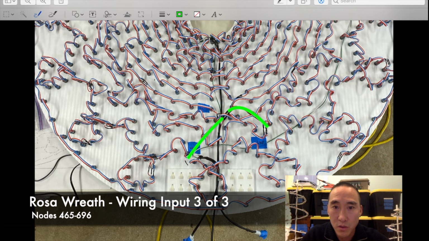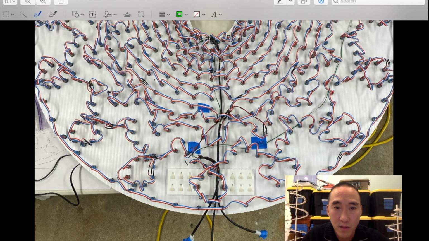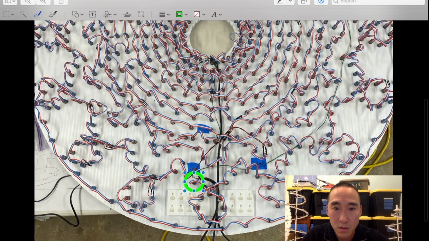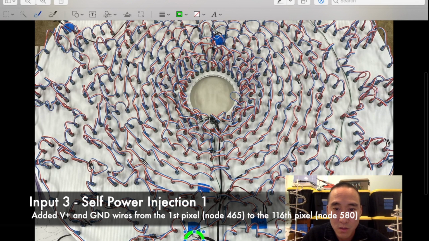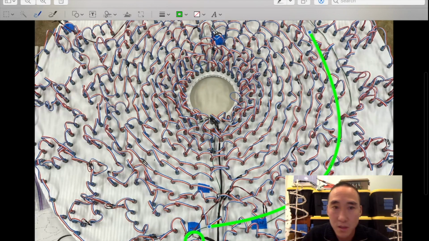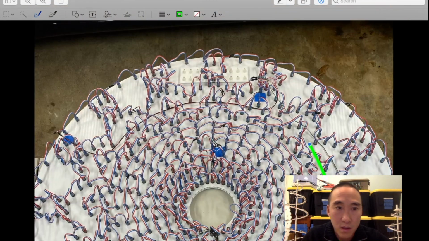Now let's take a look at the third line. Very much like the second line, it's coming in from the bottom. It starts right here at 465. And I am going to move up and do my best to draw the self-power injection lines. It's going here, wrapping all the way around, up to the top here to pixel number 580, which is right up here.